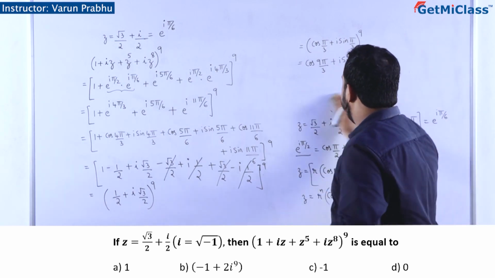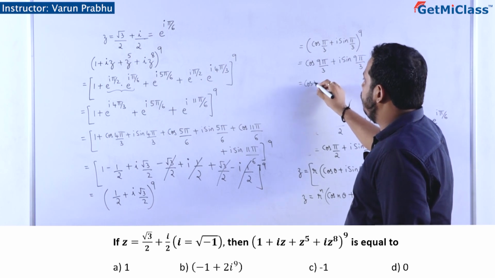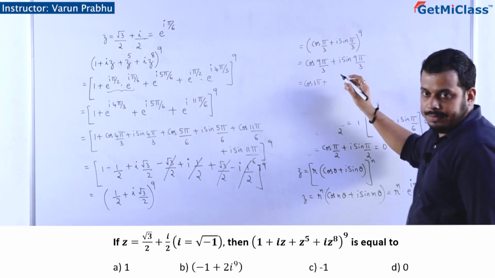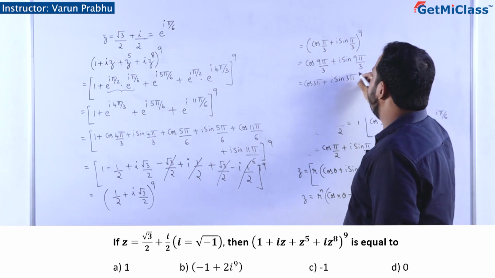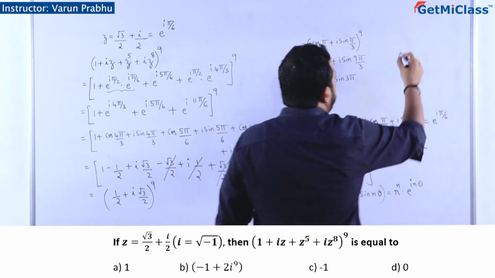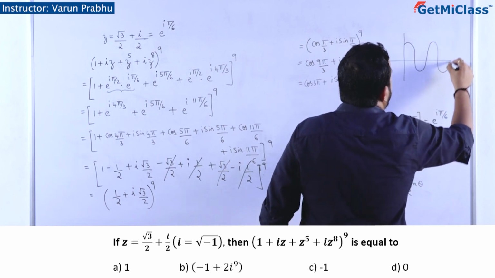We get the answer here in the form cos 3 pi plus I sin 3 pi. So what is the value of cos 3 pi? Cos 3 pi is, if you write the cos curve, it will be something like this, right?